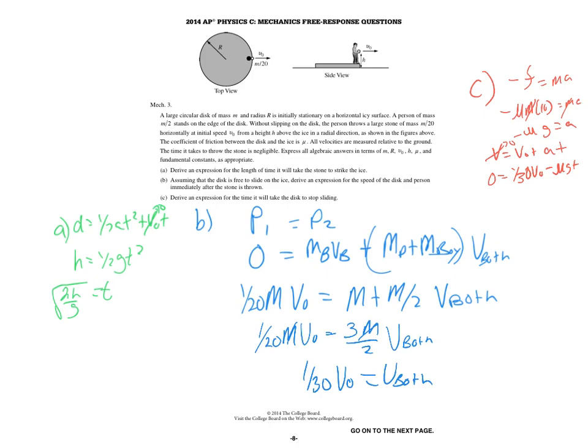And so we end up with v naught over 30 mu g is equal to t. Okay? Just some algebra with some stuff from the very beginning.